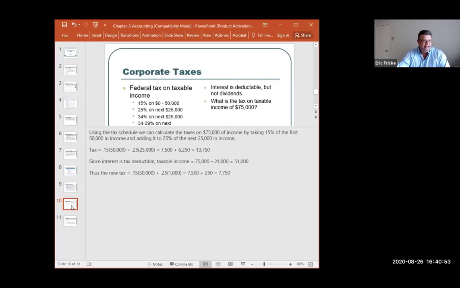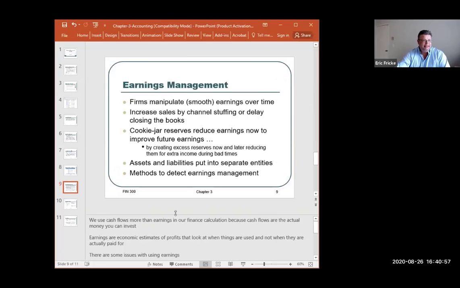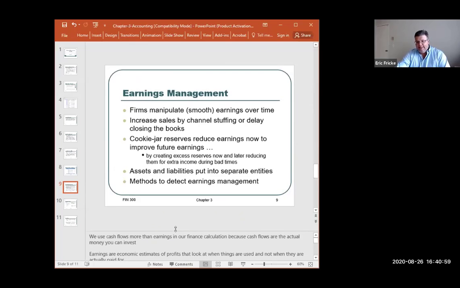What this slide basically talks about is just to make you aware that the net income for companies is not necessarily a pure, always correct number. And what I mean by that, going into net income, there are a lot of estimates that companies do. It's not a perfect science, okay?